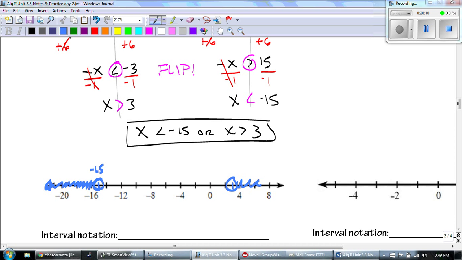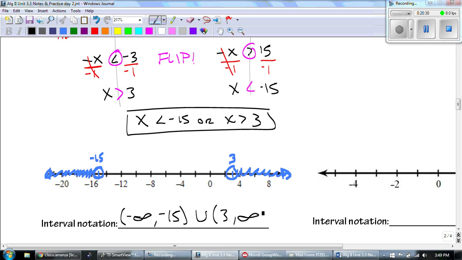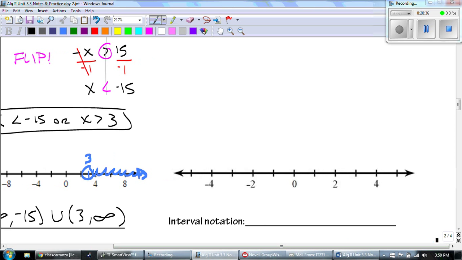I'm open and I shade to the right. And you guys should be pretty quick at saying, okay, we start at negative infinity, it goes to negative 15, union with positive 3 to positive infinity. Okay, if we're still getting those wrong, come in for help.